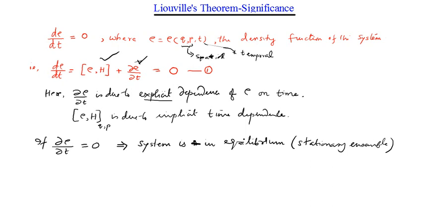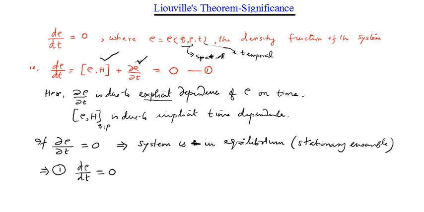So if that is the case, what does equation number 1 indicate? Equation number 1 says that, by Liouville's theorem, dρ/dt is equal to 0 always. But ∂ρ/∂t may or may not be 0, depending on whether the given system is in equilibrium or not.